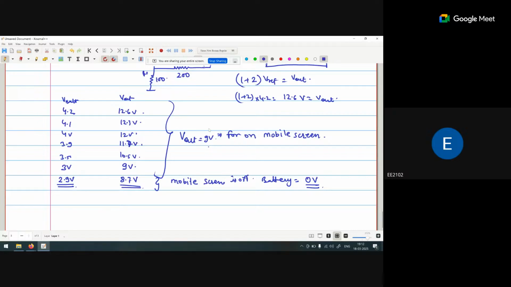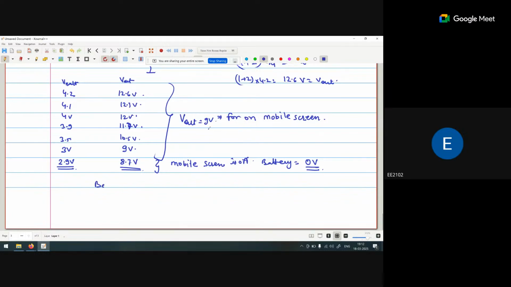So two possibilities: when the battery has 2.9 volt, my mobile screen is off. And the second case is when we have 4.2 volt, the voltage is higher than the required voltage, so there are chances of heat up.